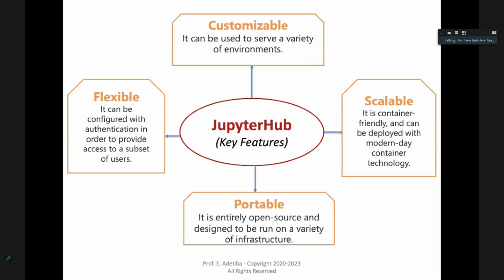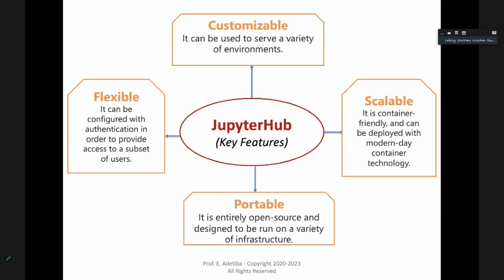Okay, so the concept of JupyterHub is that it's flexible, it can be easily customized, is scalable, portable, and so on and so forth. You will appreciate it more by the time you are writing complex codes. It's not easy to actually write something complex on the command line.